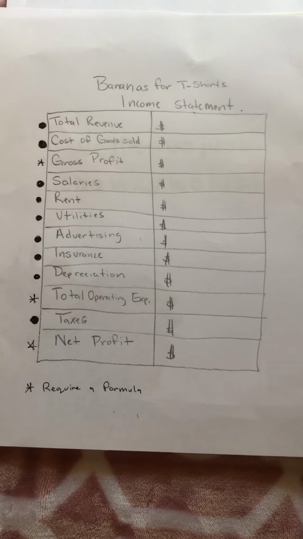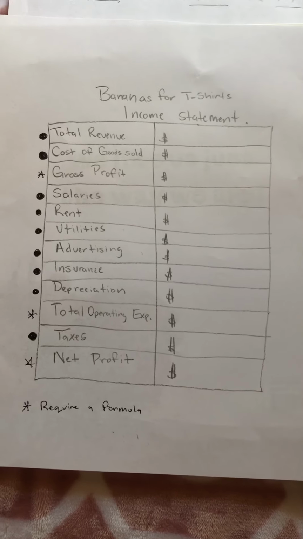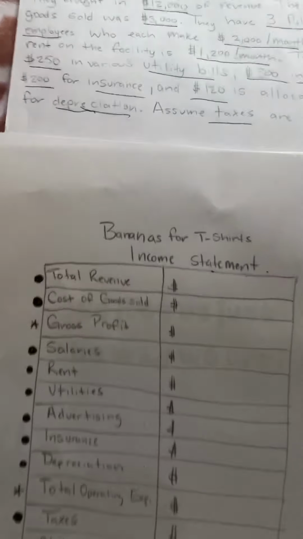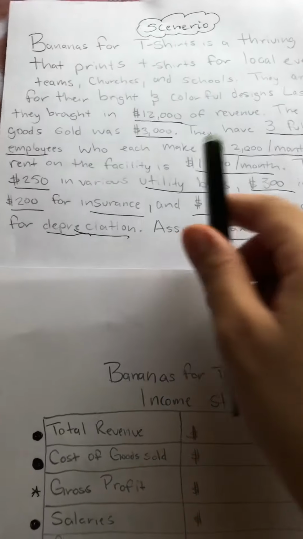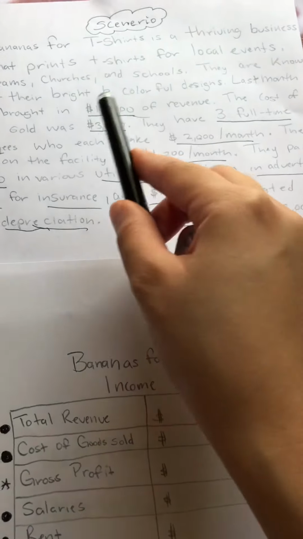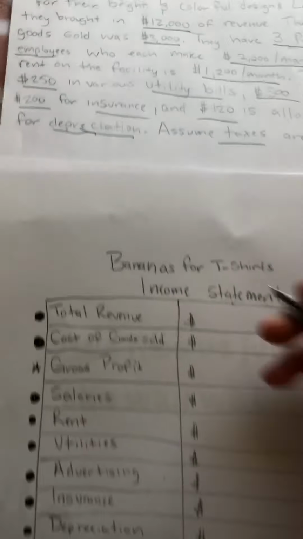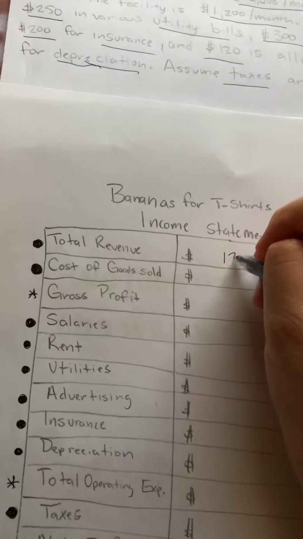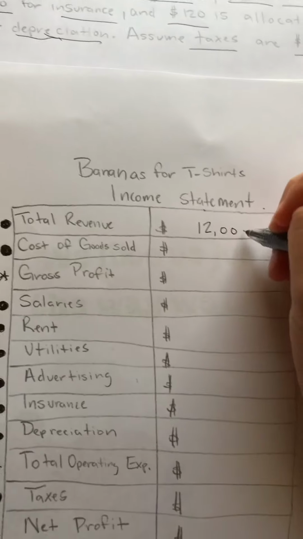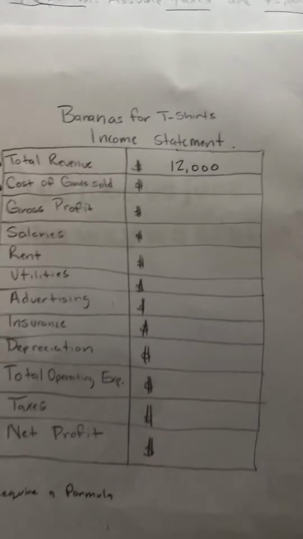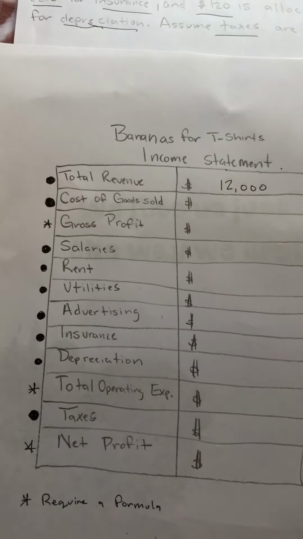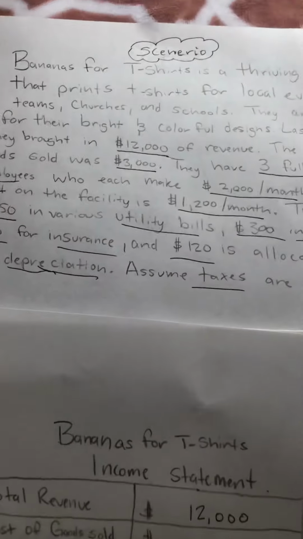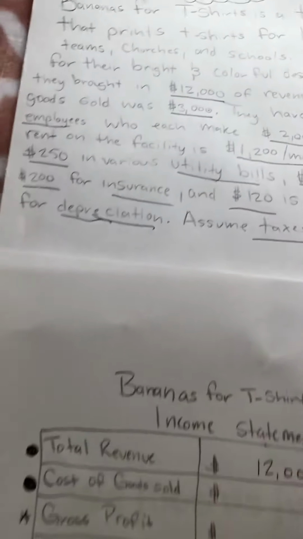Okay guys, so for the very first one, total revenue, it is given to us. So it says that they brought in $12,000. So we're gonna put 12,000 that they brought in. And then it tells us that the cost of goods sold was $3,000.